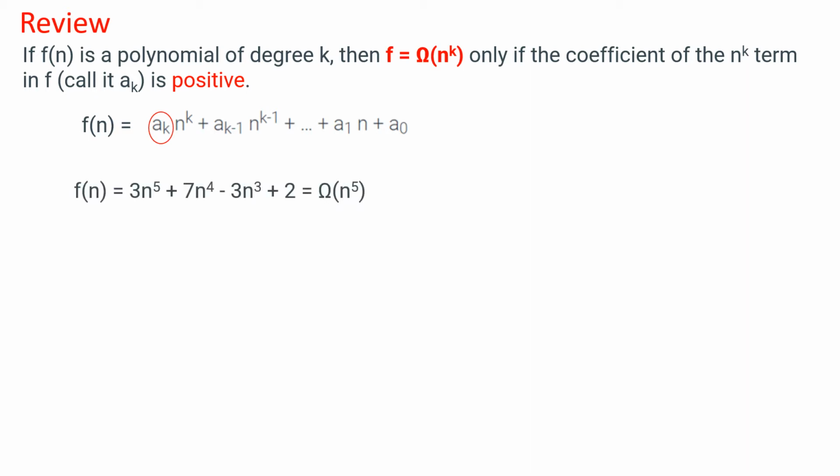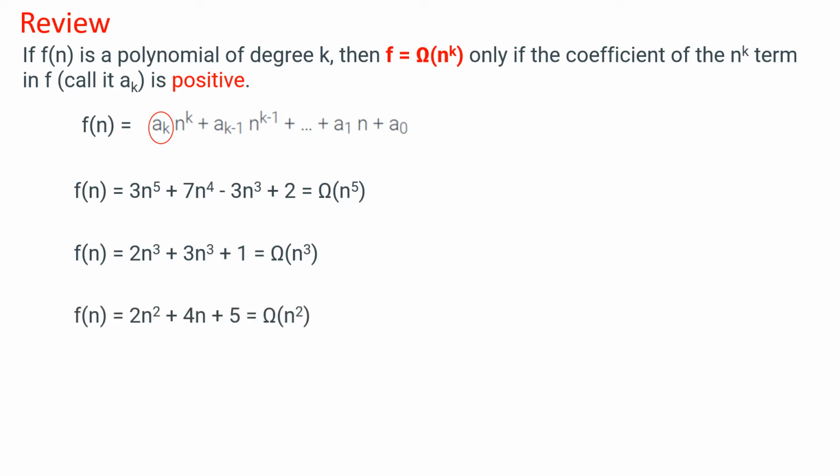So here's a function starting out. The highest degree is 5, and the leading coefficient is positive, so we know then that this function would be omega of n to the 5th. Here we would know this function is omega of n to the 3rd because that's the highest power.